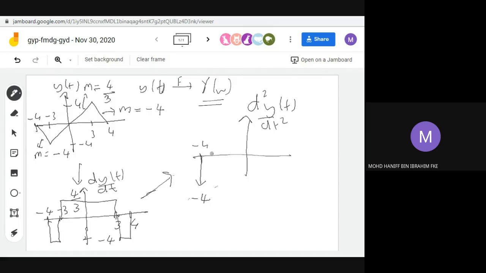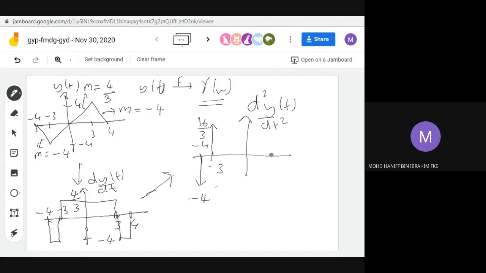At -3, there is an impulse from a step from -4 to +4/3, so that should be a positive impulse. The amplitude is the difference between -4 and 4/3, which is 16/3.